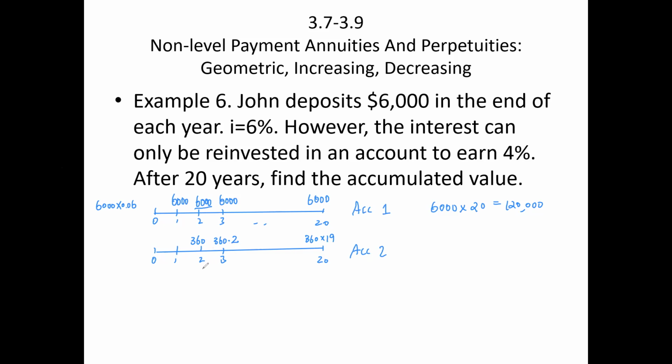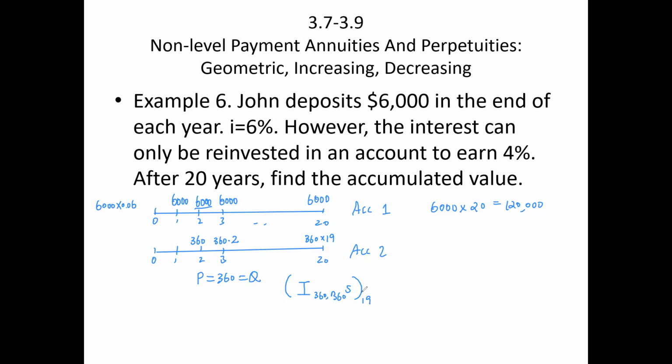So here we have an arithmetic progression with P equals Q equals 360. We're looking for the accumulated value, so I'm going to use I sub 360, 360, and S. The number of payments here is actually 19, not 20, because here you have zero, nothing here.